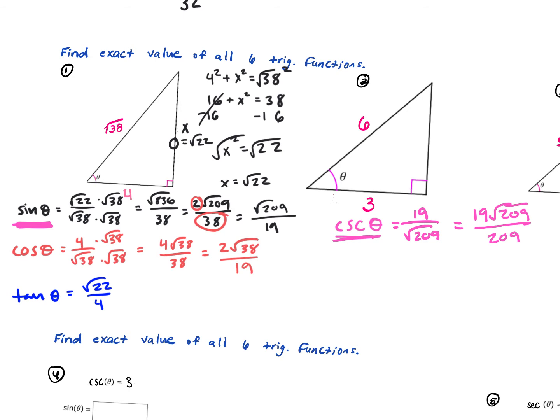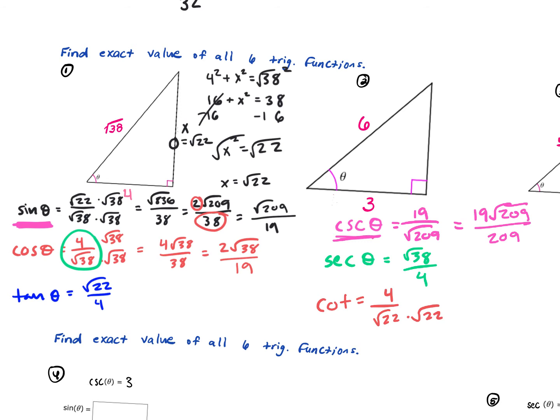Then we have secant. So secant, I'm going to flip the cosine. So square root 38 over 4. And then cotangent, I'm going to flip tangent. So 4 over square root 22.